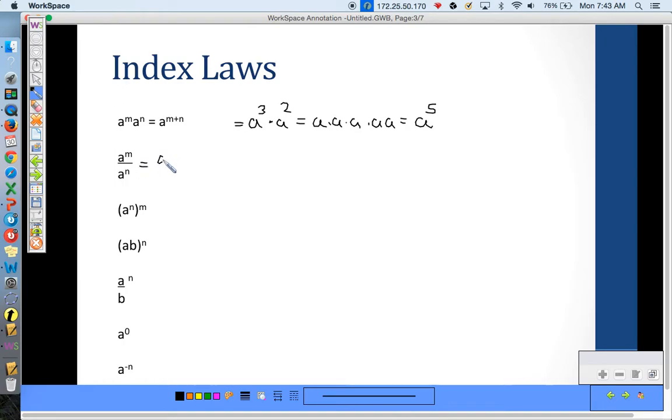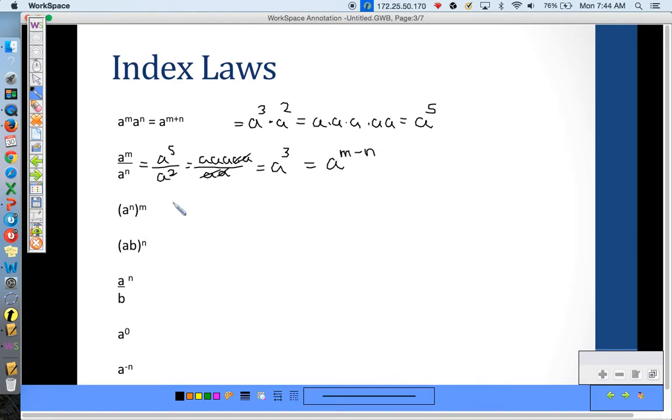Let's say we had a to the fifth over a squared. So we have 5 a's and 2 a's. So we're left with 3 a's. So that rule is that we subtract, so it's a to the m minus n.